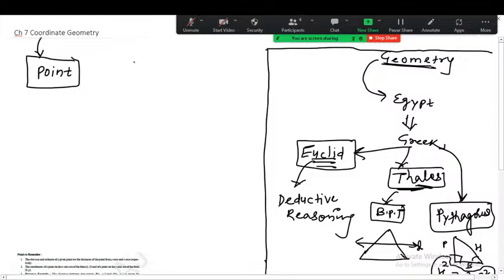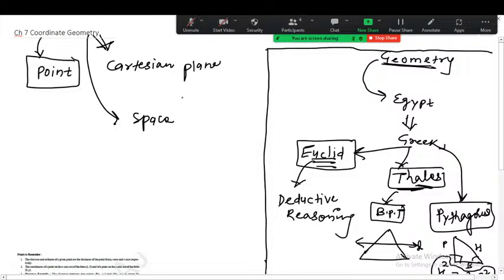What we actually do here in coordinate geometry is we discuss a Cartesian plane, and in a Cartesian plane we can also discuss any space. That means we can discuss a plane or a space under coordinate geometry. Right now in our syllabus, we will confine ourselves to the plane only.